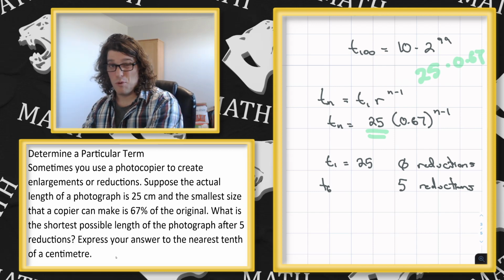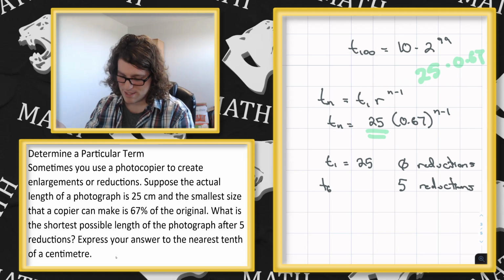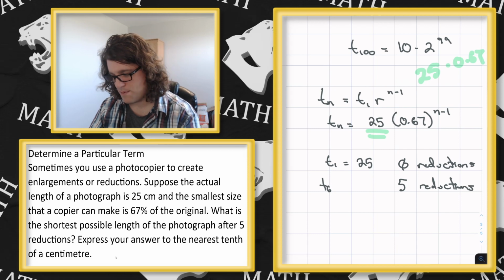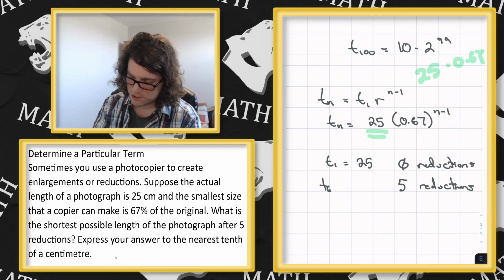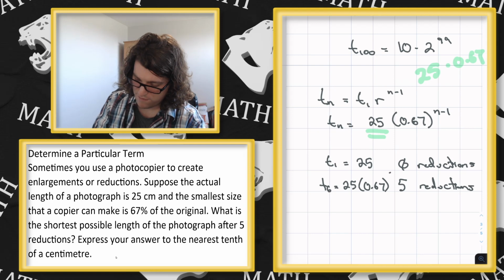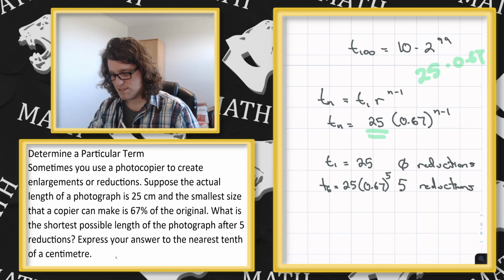And then you have another 0.67 to the power of n minus 1 that is multiplied beside that. But, as I said, the way that I've set it up, for 5 reductions, I actually want that to be expressed as 25 times 0.67 to the power of 5. So 5 reductions, 5 of these 0.67s multiplied in.